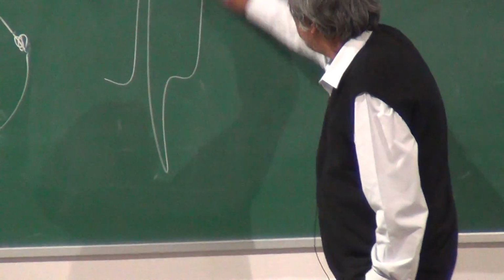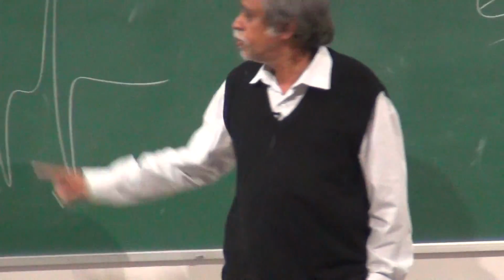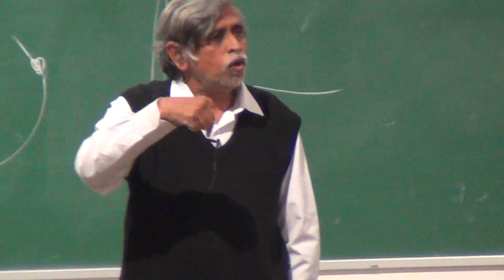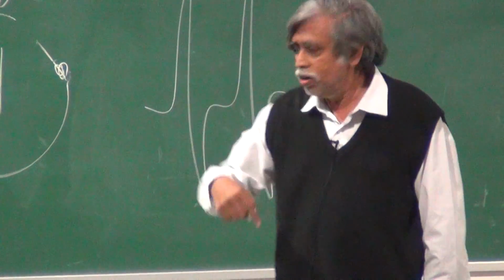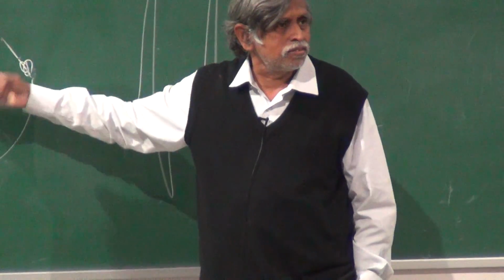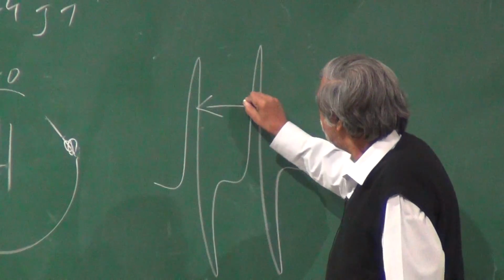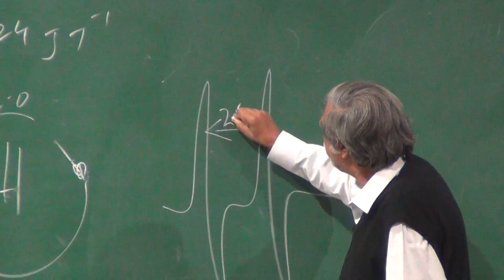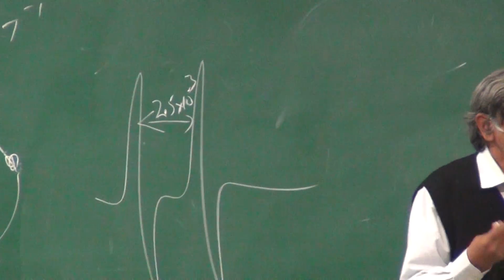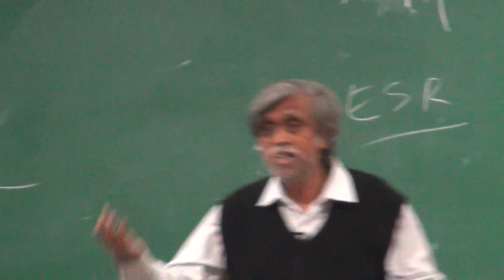What will that look like? Two peaks. And what is the splitting of this peak going to depend on? It is going to depend on the electron density visiting this nucleus. And if I remember right, I think it is 2.5 × 10⁻³. Here we always give it in Tesla. You remember the experiment I described?